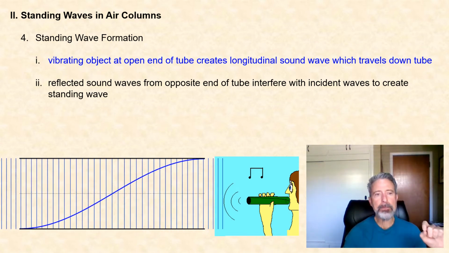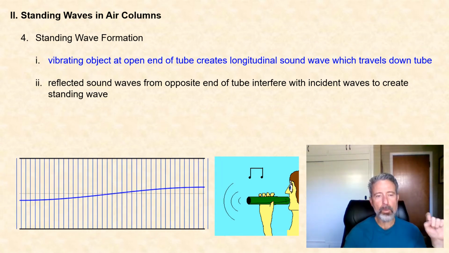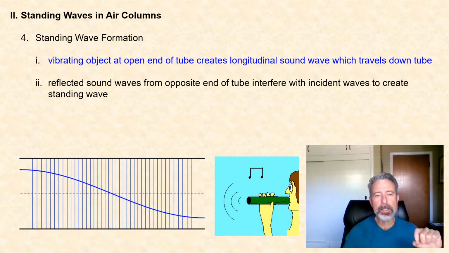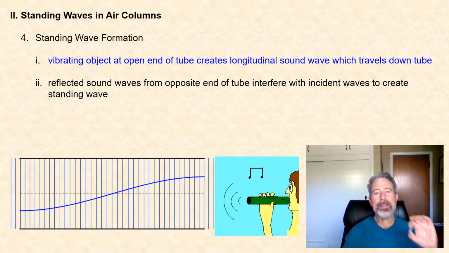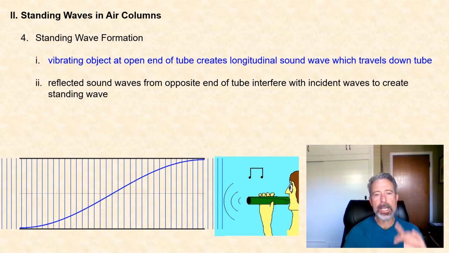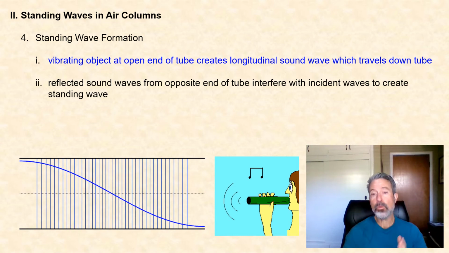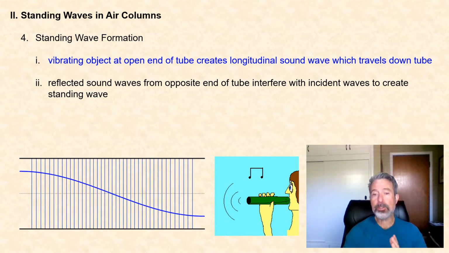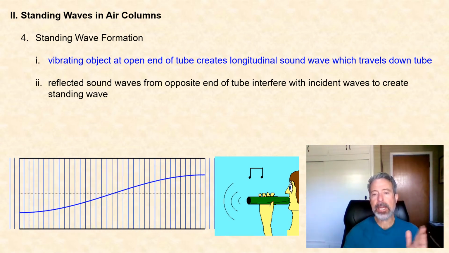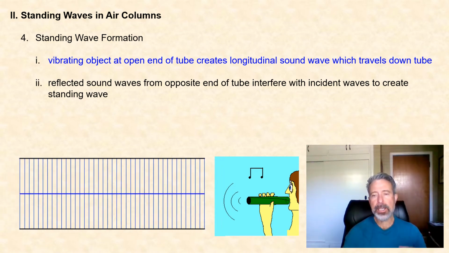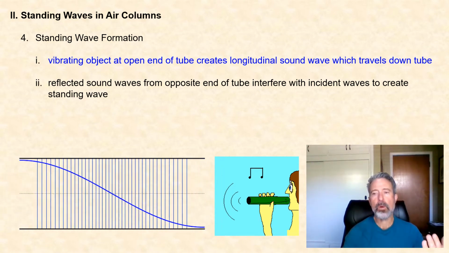The same thing happens here. When that vibrating object sends a longitudinal wave down the tube, when that wave reaches the end of the tube, some of that wave energy will get reflected at that boundary between the media and create a reflected wave that will travel back in the opposite direction and will interfere with the incident wave.